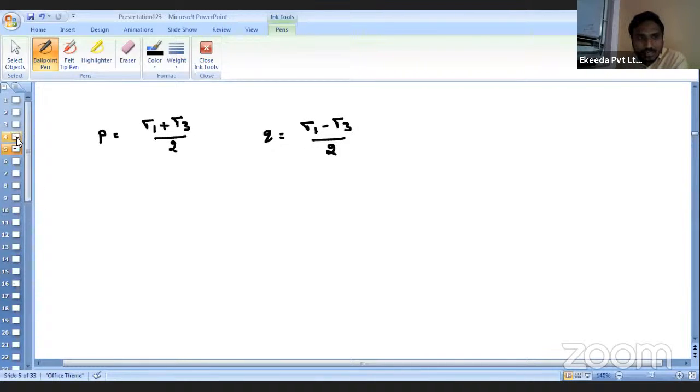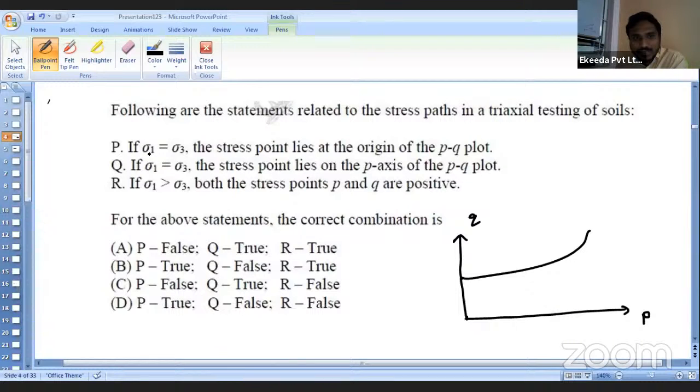So what is the first statement? If sigma 1 equal to sigma 3, the stress point lies at the origin of the PQ plot. That means the curve would start from the origin, which is possible only if sigma 1 is equal to sigma 3.